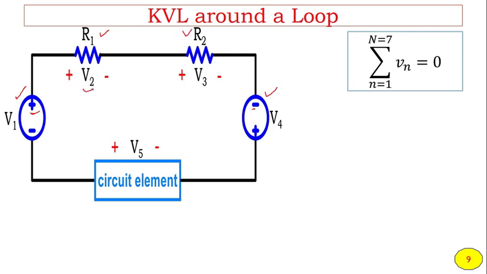V2 and V3 are the voltages across these two resistors R1 and R2 respectively. One more branch or circuit element is there having voltage V5 across it. Now in summary, what we know in this loop is the voltage across all the circuit elements with their polarity.